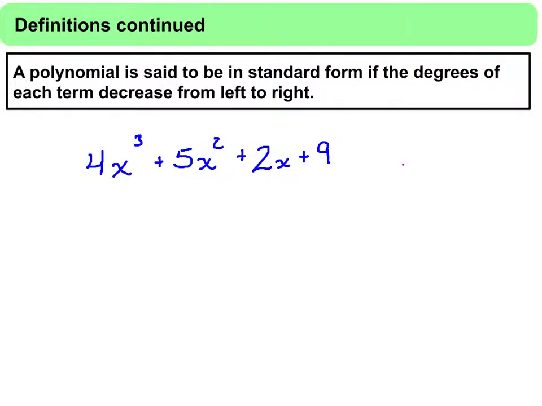This would be said to be in standard form simply due to the fact that this is a 3 and then followed by a 2 and then a 1, and then this would be our constant, or our 0th case. And so as long as it's written that way, decreasing from left to right, it will be considered to be its standard notation or standard form for a polynomial.